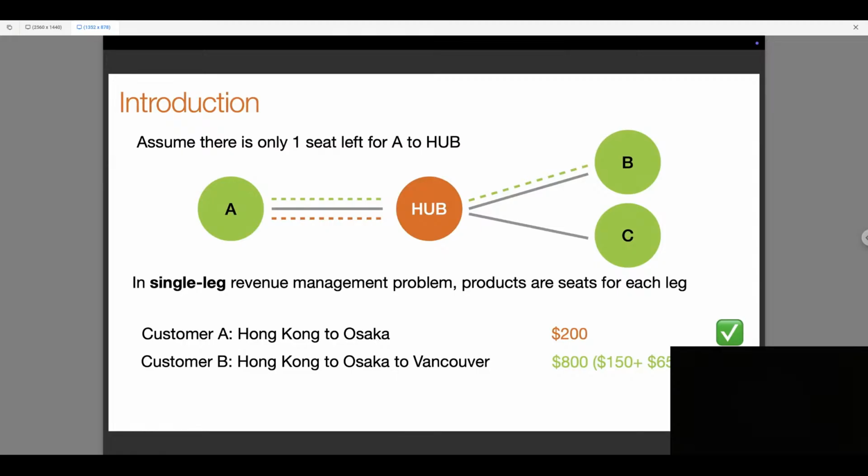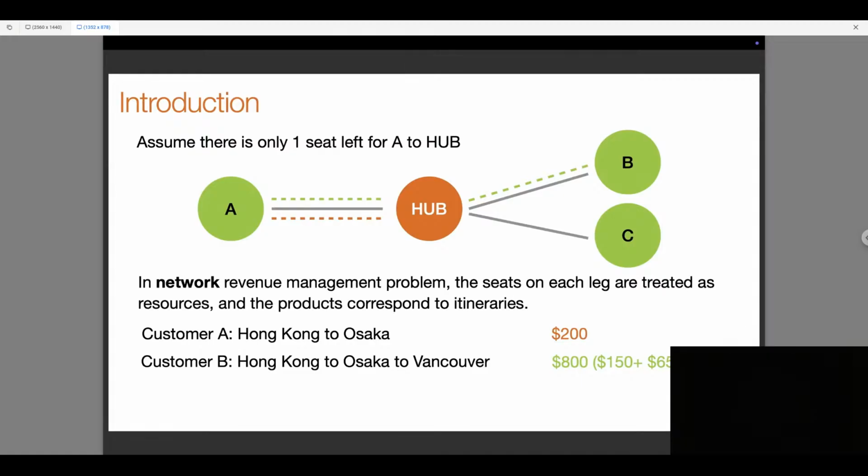It seems odd, since if we choose customer B, we will get $800 more than if we choose customer A, because the seats from Osaka to Vancouver are also sold out for one. This motivates the use of network revenue management.